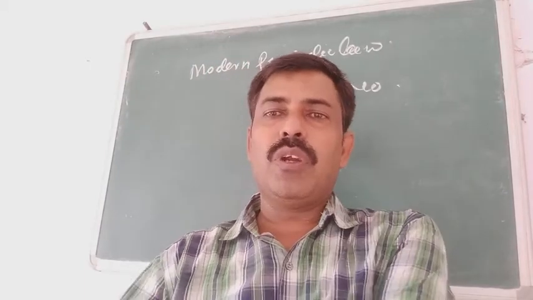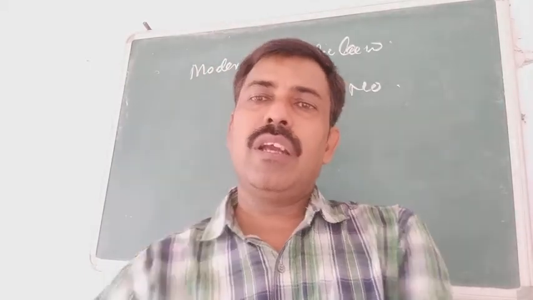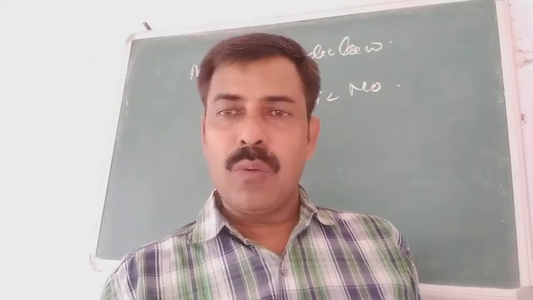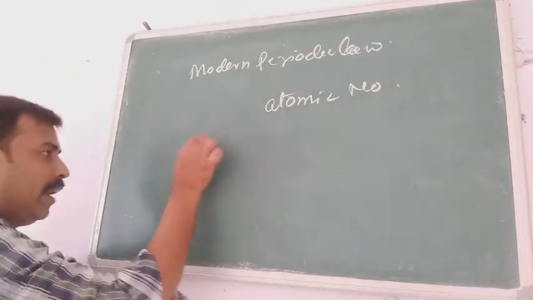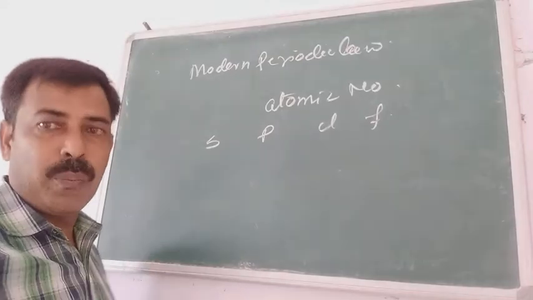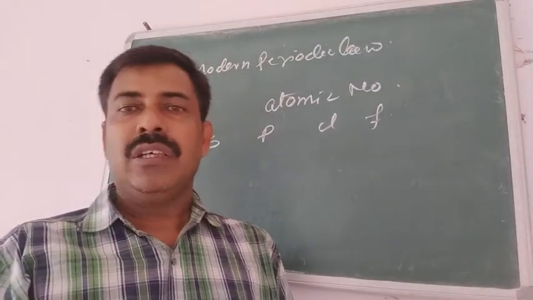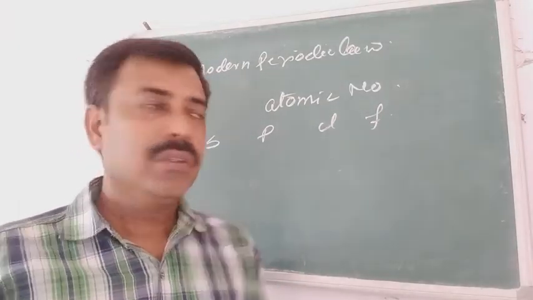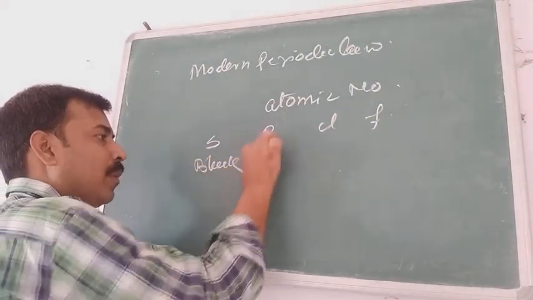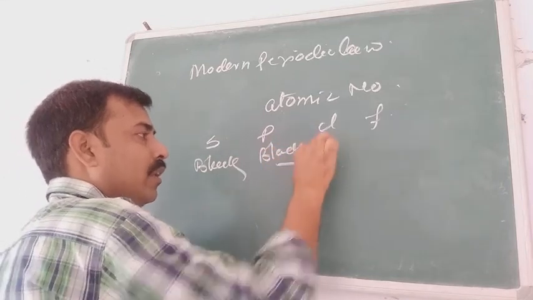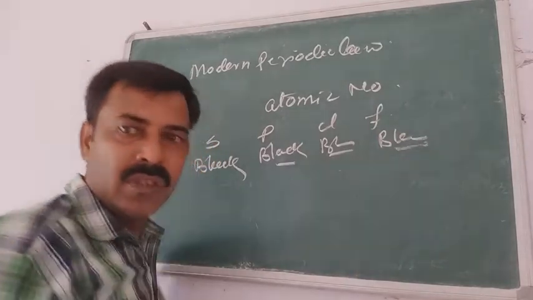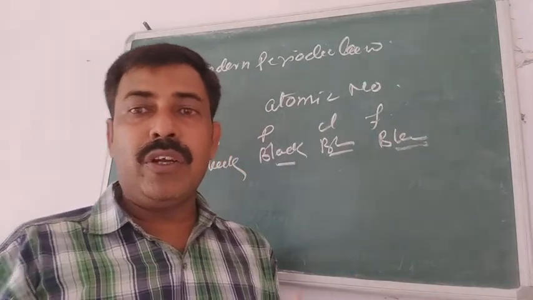So according to the modern periodic table, there are 4 different blocks based on the subshell. And what are the subshells? The subshells are s, p, d and f. These are the 4 subshells, and according to that there will be 4 blocks. The first block will be the s block, the second the p block, the third the d block, and the fourth the f block. Each block will contain different groups.